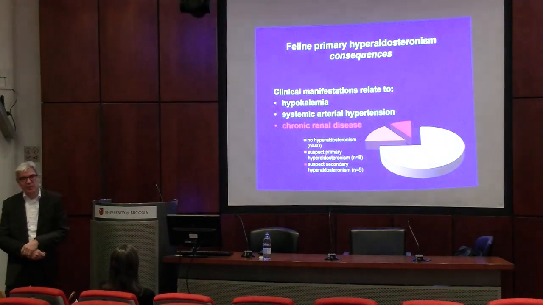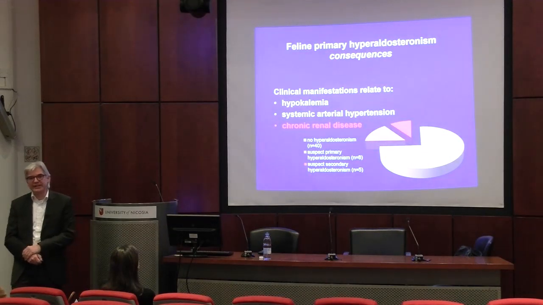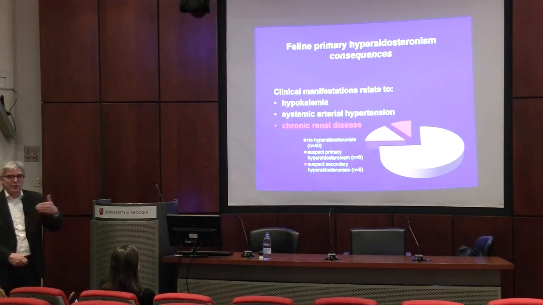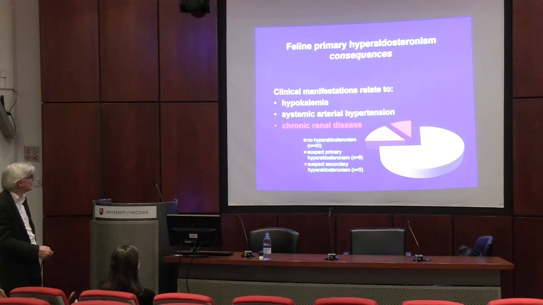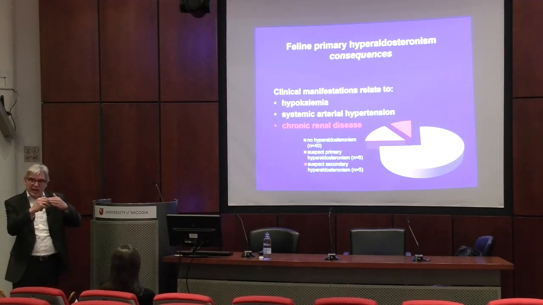So we did a study in which we looked at cats with chronic kidney disease. And in those cats, we looked at the renin-angiotensin-aldosterone system. So actually, we determined the aldosterone concentration and we determined the renin activity. And in those 53 cats, in 8 of them, the aldosterone-renin ratio was elevated.